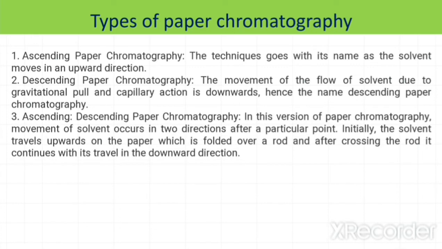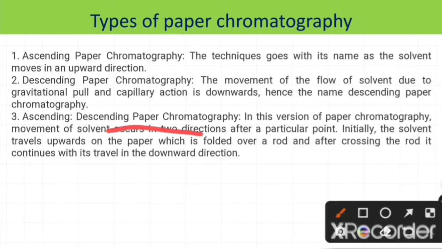The third technique is ascending-descending paper chromatography. In this version, the movement of solvent occurs in two directions after a particular point. Initially, the solvent travels upwards on the paper, which is folded over a rod.